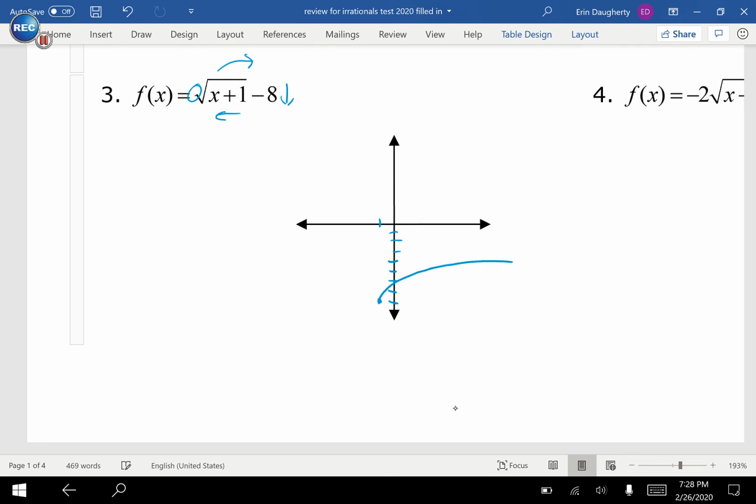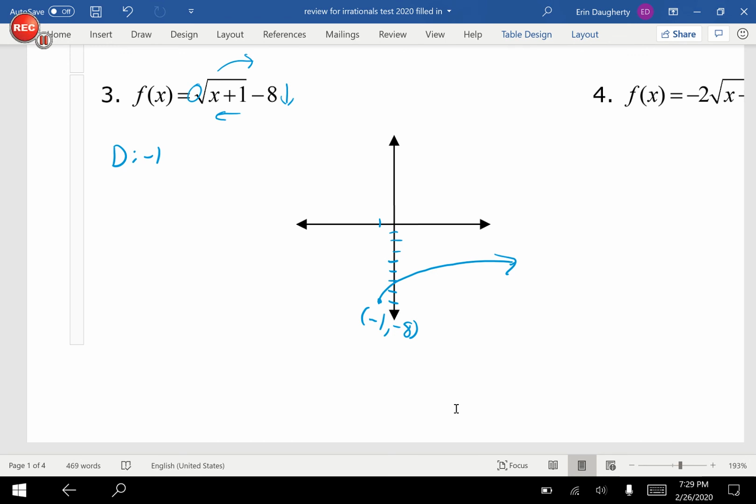Okay, and then we're going to open up and out because it is a positive scale of 1. Now, with this one, our domain, since we're looking at our smallest x value, is going to start off at -1. If it helps, make an ordered pair. So that would be -1, -8.